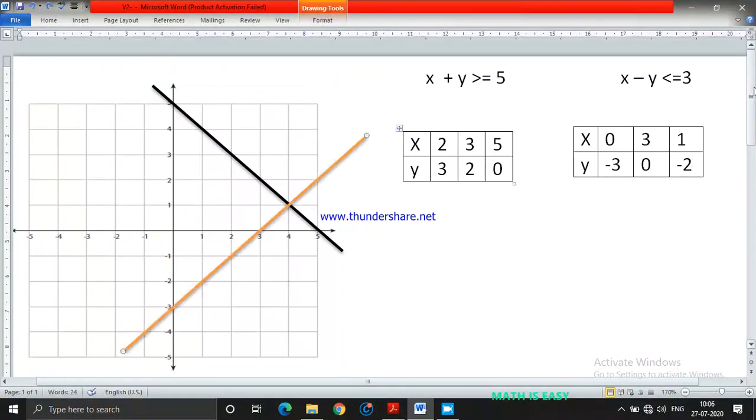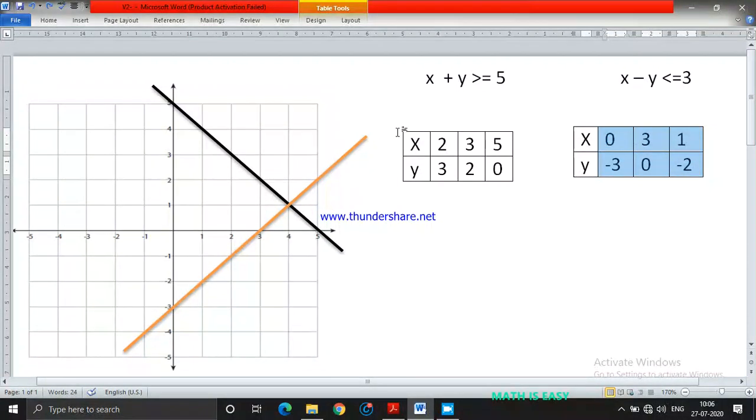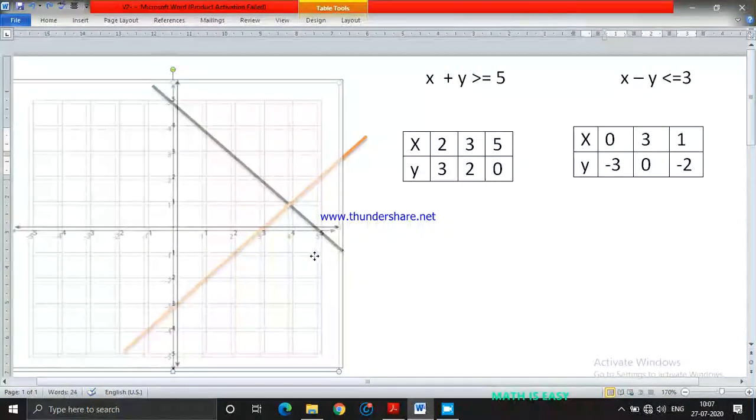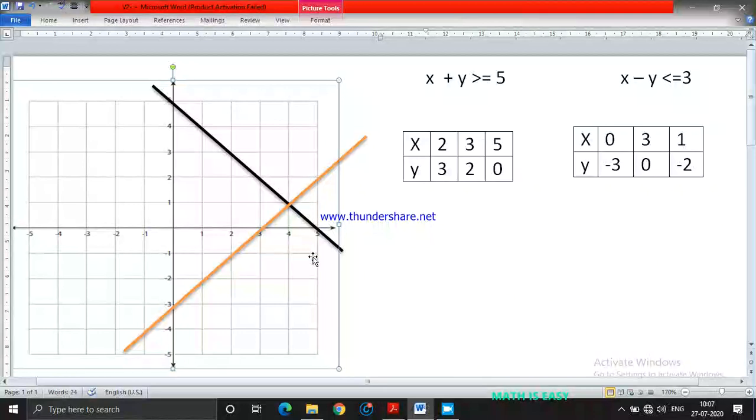Now if I come to the other one, if I represent these points on the graph, this orange line represents the boundary of the solution set. As it has a less than sign, I have to check whether the left side of the line or the region below the line satisfies our solution set. For example, if I take any point here, x is 4 and y is minus 1.